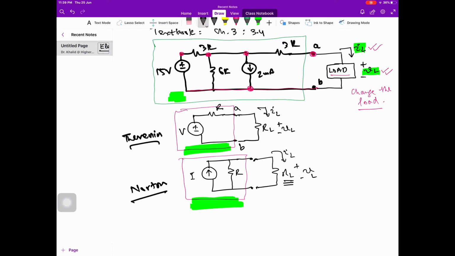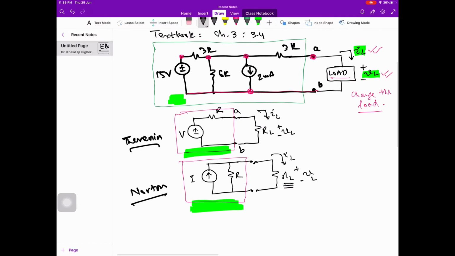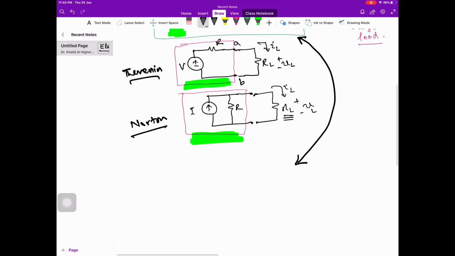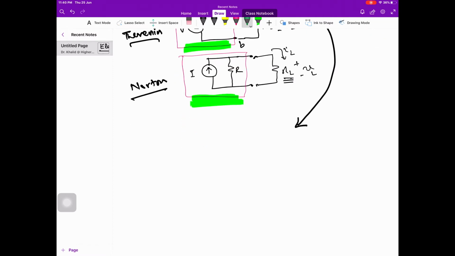Now, how do we determine the equivalence? In order to determine the equivalence, say for example, we have this circuit and I want to have its equivalent circuit.